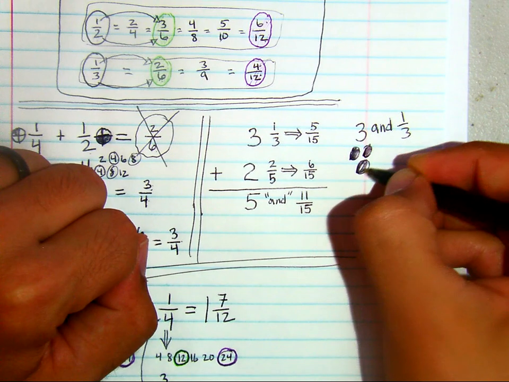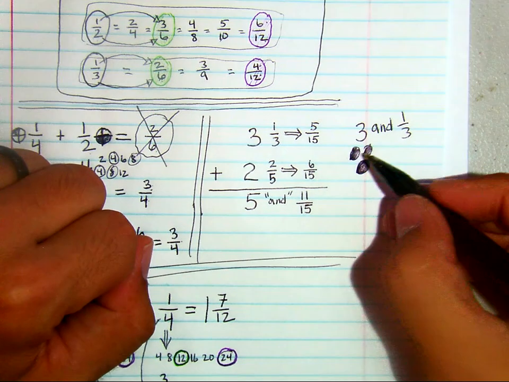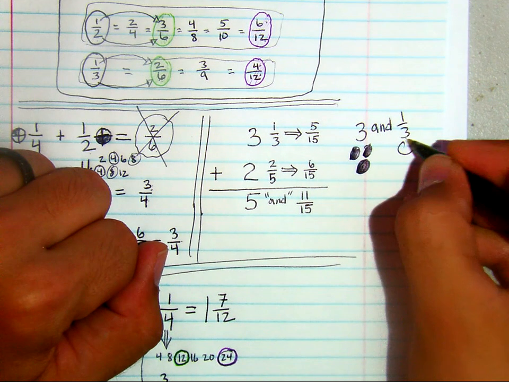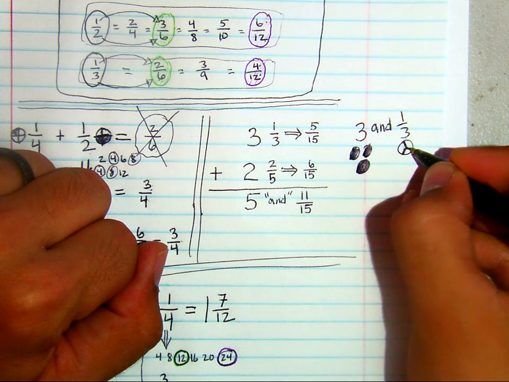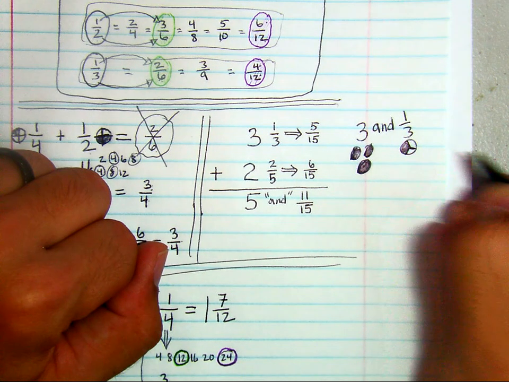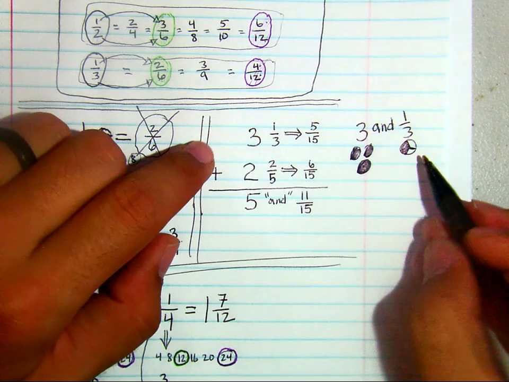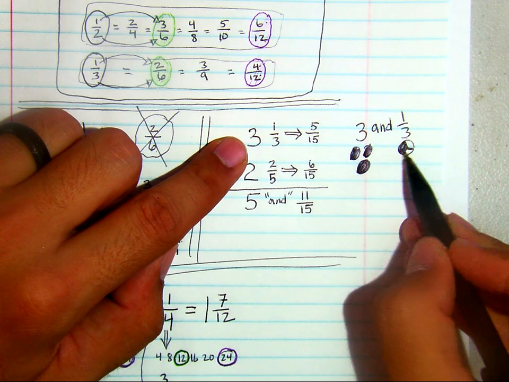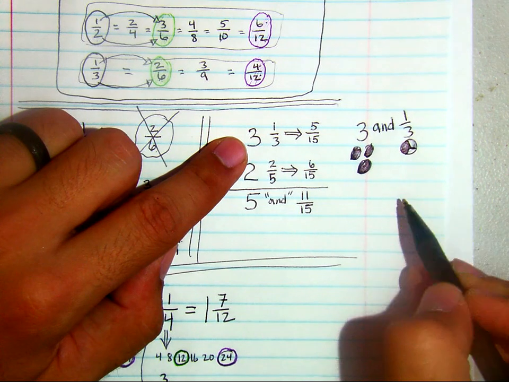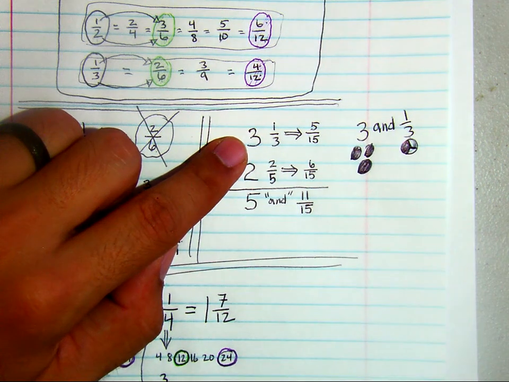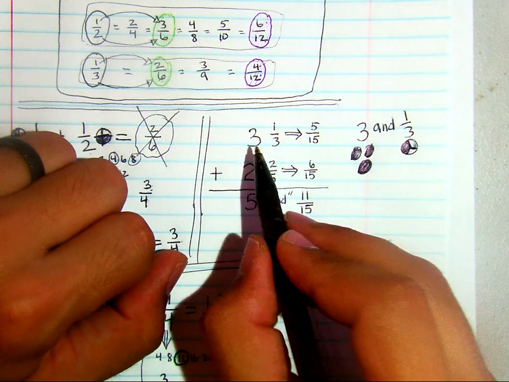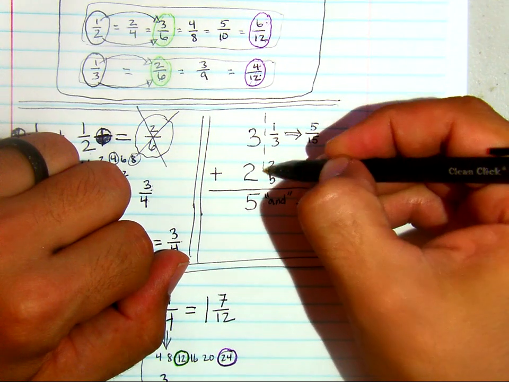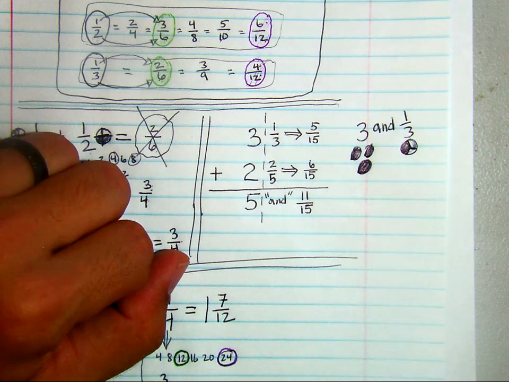You recognize that you have 3 wholes, that's what that 3 stands for, and that fraction represents there being only 1/3 of that next whole. So you actually have 4 circles, but that 4th circle is only filled in with 1 out of 3 equal pieces. So with 3 and 1/3, you can separate the whole numbers from the fractions for now.